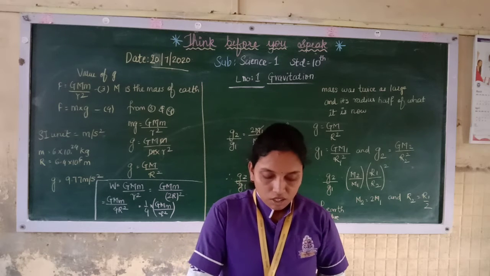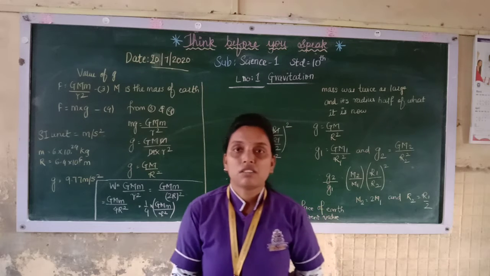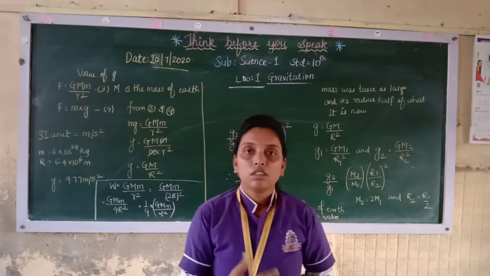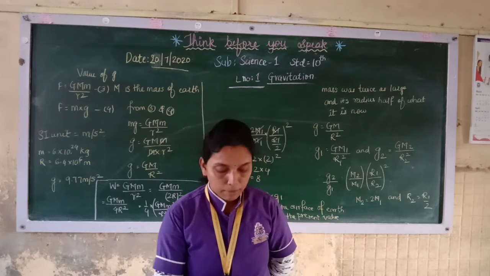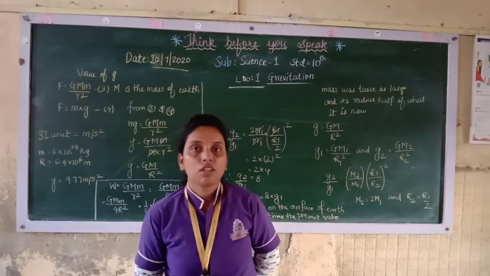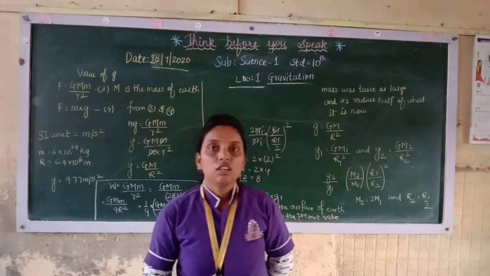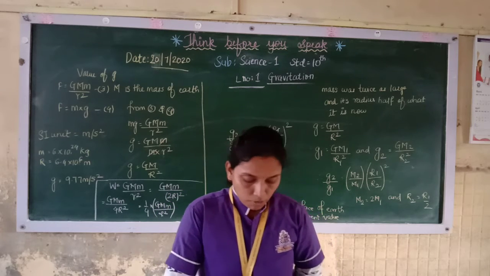So here we can say that the force is directly proportional to the product of the masses of the two objects. Product is multiplication, so m1 into m2, and it is inversely proportional to the square of the distance between them. Inversely proportional, that is why the distance comes in the denominator.